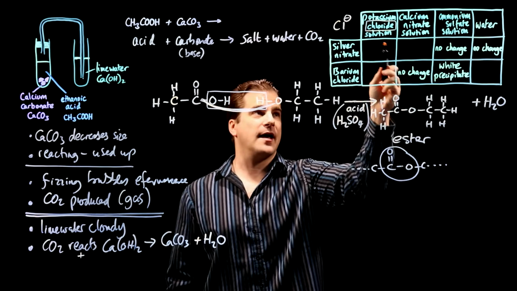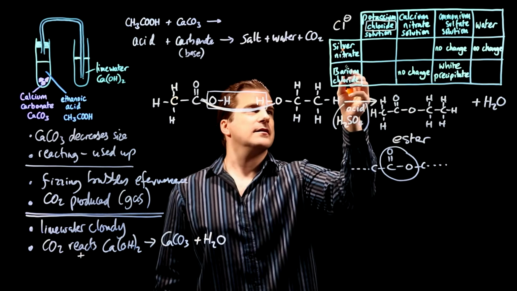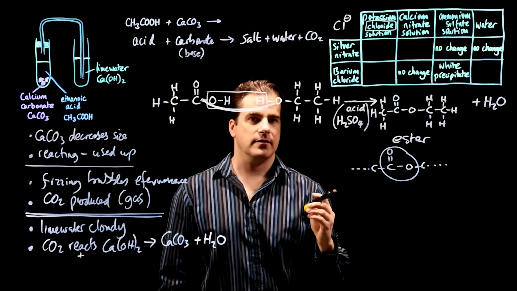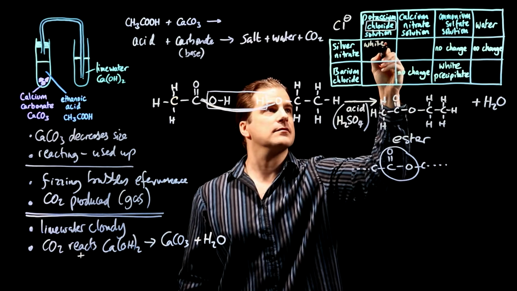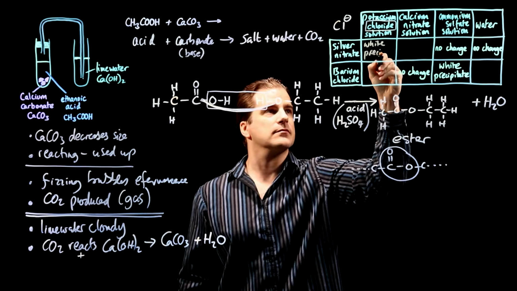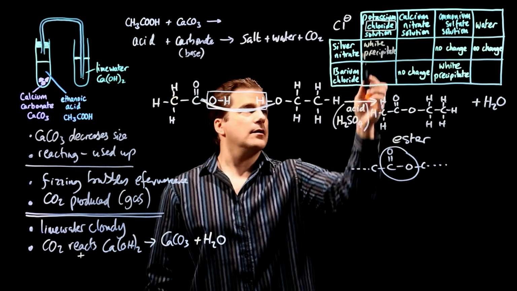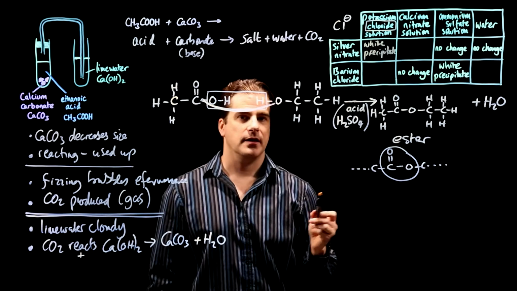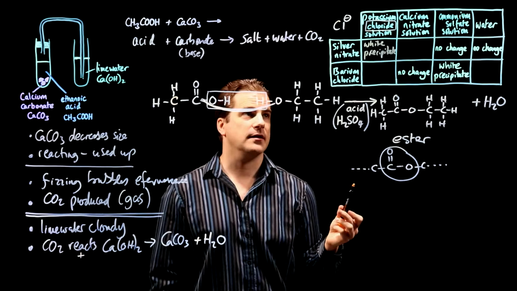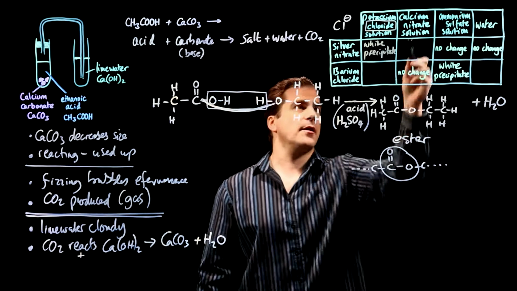So, something's going to happen here. And again, you've just got to remember it. Chloride makes a white precipitate. Okay? If it were bromide, it would make a cream precipitate. If it were iodide, it would make a yellow precipitate. Good.